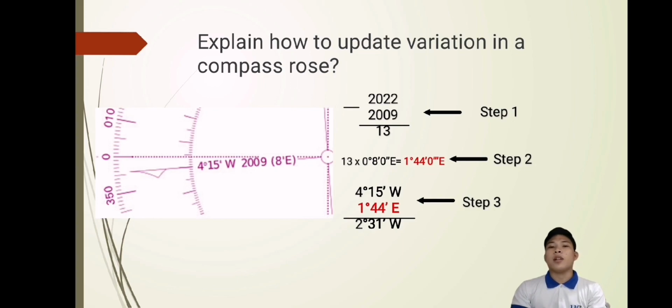And lastly we subtract the given variation, which is 4 degrees 15 minutes west, and the new updated variation, which is 1 degree 44 minutes east, resulting in 2 degrees 31 minutes west.